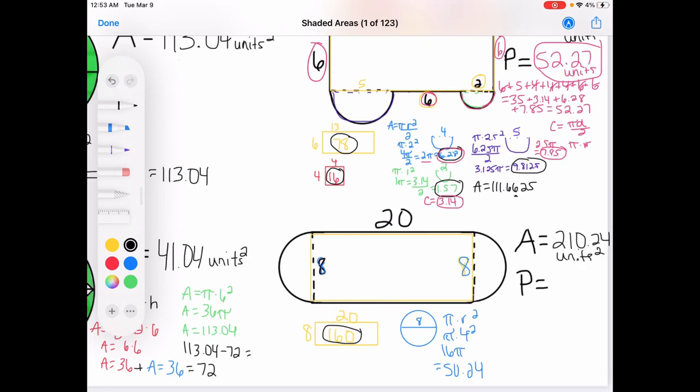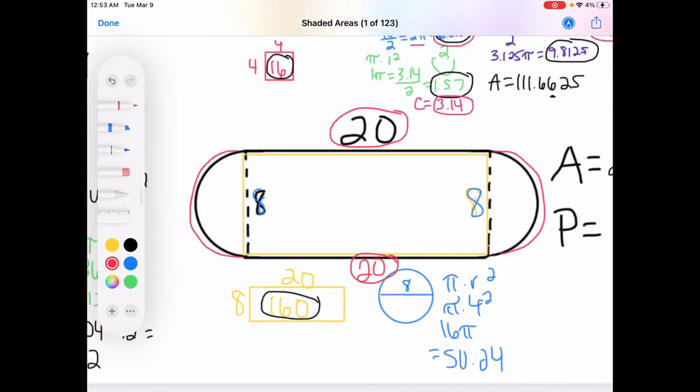And then perimeter. So I know that I have 20 here, which tells me that this side is also 20. And then I need to figure out the distance around my semicircles. Well, again, since these two semicircles both have the same diameter, then I can just find the circumference of one circle with a diameter of 8. So circumference would be pi times diameter, which would be 8 times pi. So 8 times pi is 25.12.